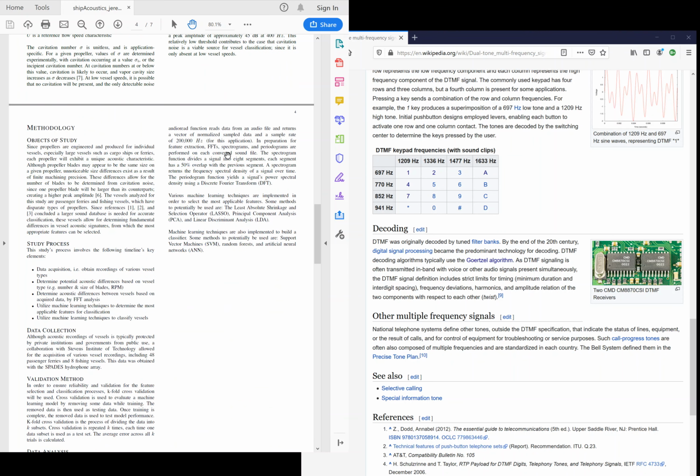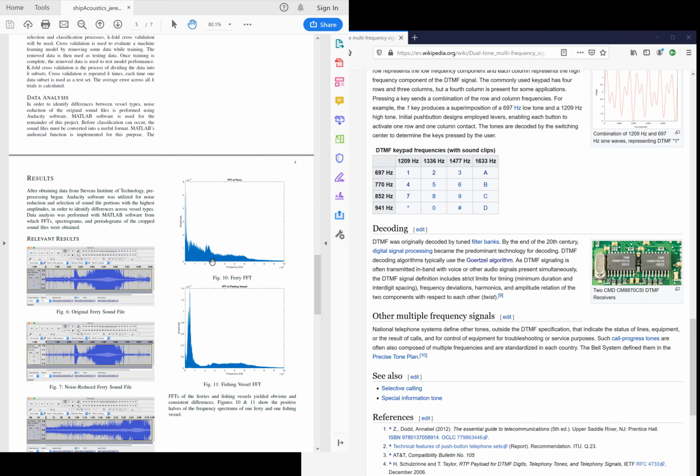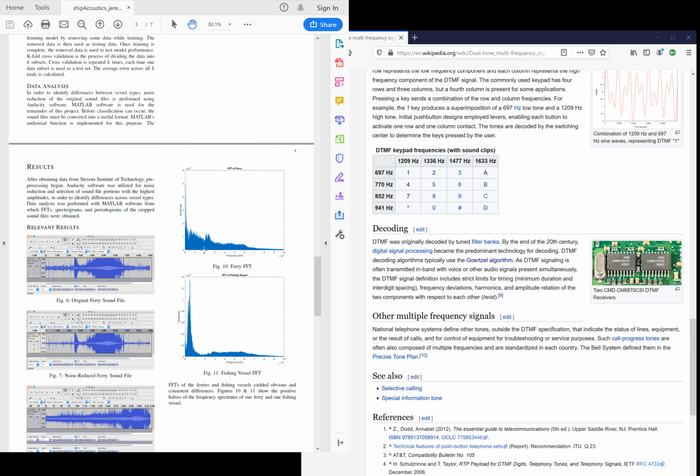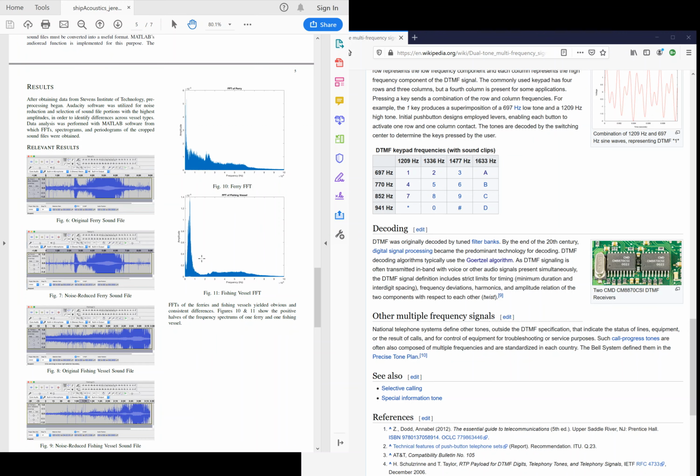So the ferry and the fishing vessel have different characteristics, and so they generate different frequencies. And so you take the Fourier transform, and then you can send the Fourier transform to an algorithm, like a machine learning algorithm, and the algorithm can automatically determine which type of ship it is that is passing by. Pretty neat.